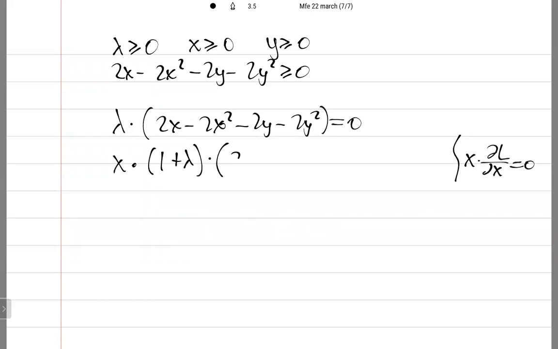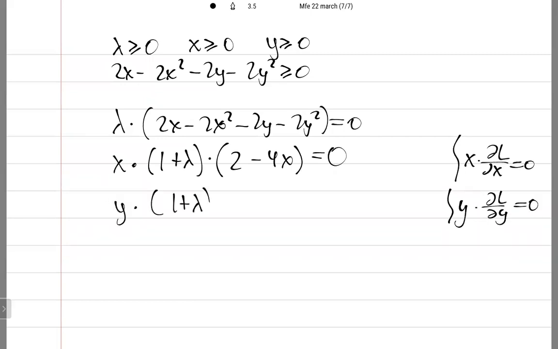I have 2 minus 4x is 0. Y times dL/dy is 0. So y times (1 plus lambda) times (2 minus 4y) is 0.